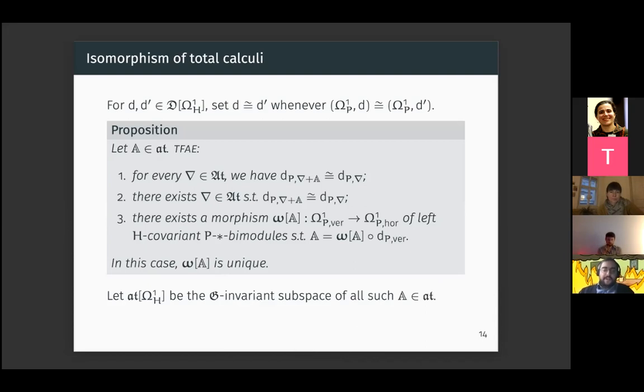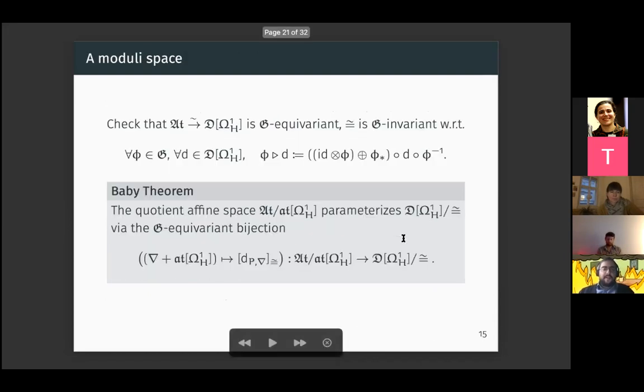So this is nice because now we have life is pretty good in this easy warm-up sort of degree 1 situation. If you go back to this parameterization of the set of all suitable total derivatives by mathfrak at, you can check that this equivalence relation is gauge invariant in the suitable fashion.